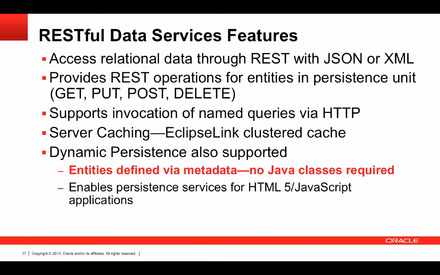So what this means to RESTful data services is I can actually build a WAR file with a very simple web XML, persistence XML, and ORM mapping XML file, and deploy that and have full REST through JPA access to my backend database without packaging, compiling, or maintaining a single Java class. And of course, you can combine this with whatever other logic you want. It's just a nice option for customers who don't need to code those Java classes.